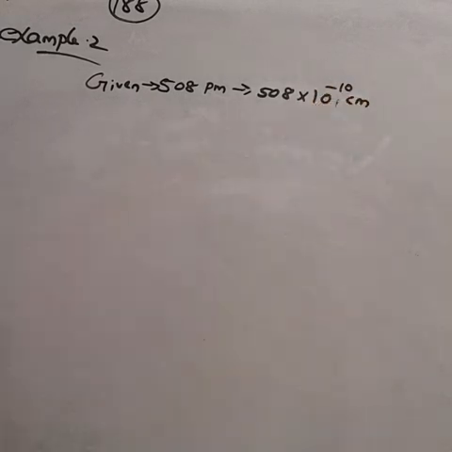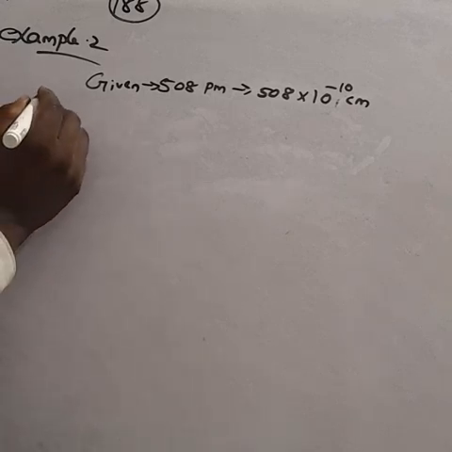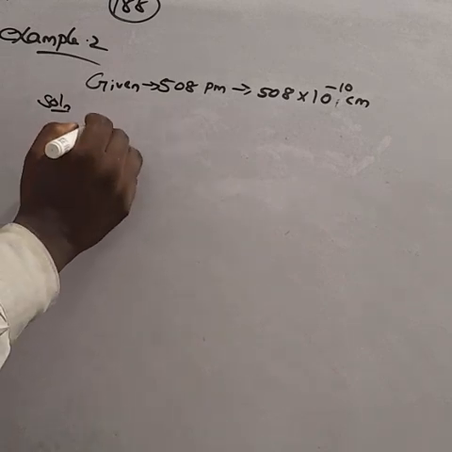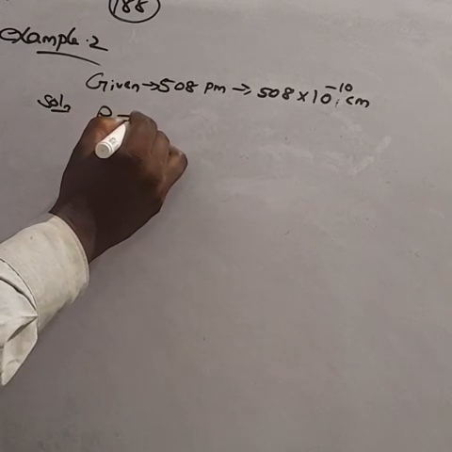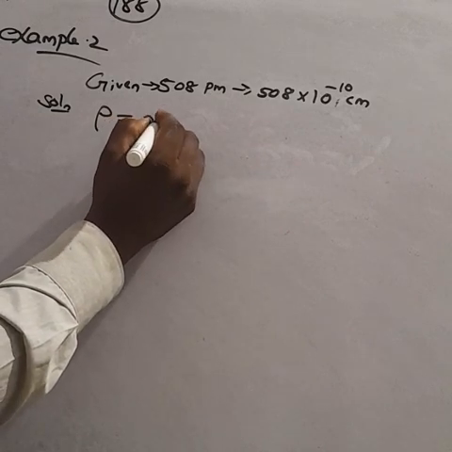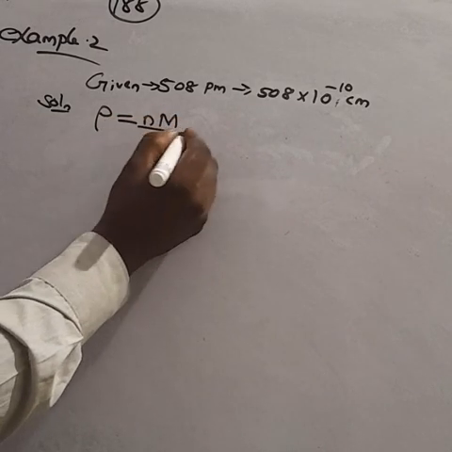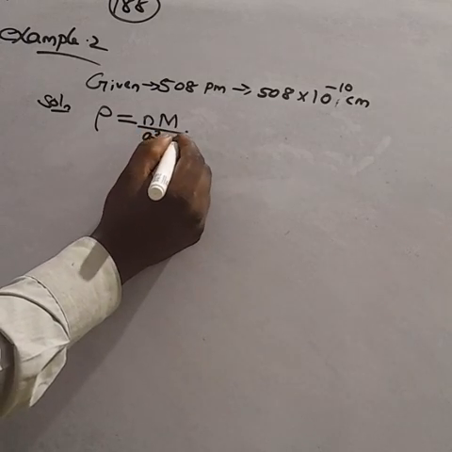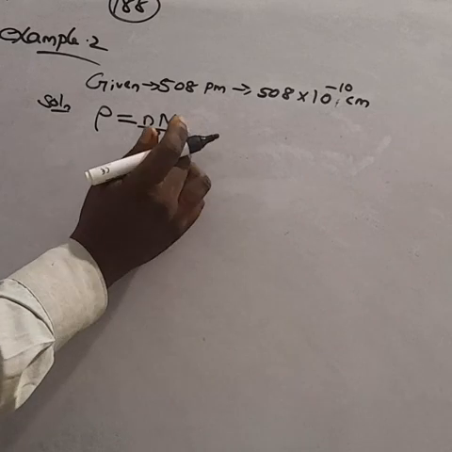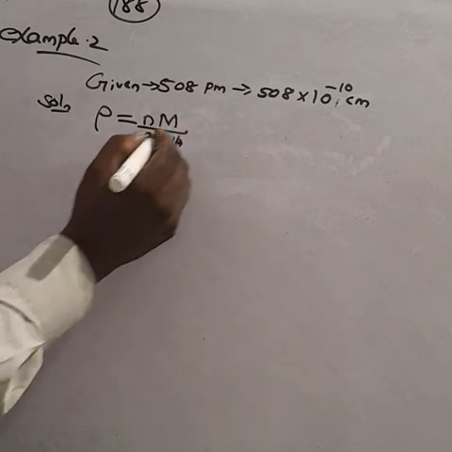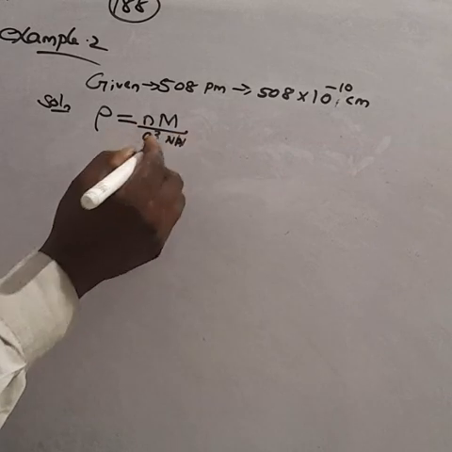Solution. We have to find the density. Now we just discussed the density of the unit cell. Rho is equal to n M divided by a cube Na. n means the number of atoms per unit cell.